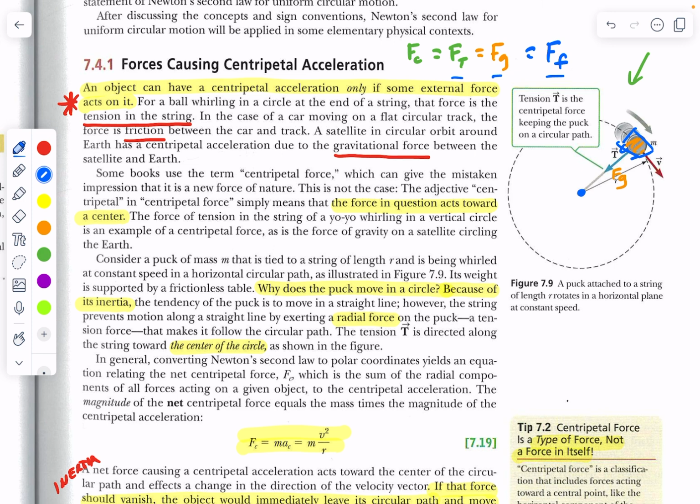The central point could be your hand holding the string and therefore tension. It could be an object like the sun holding a planet gravitationally in its orbit, or it could be the force of friction that's holding the tires against the road. And even though it doesn't seem like that would be a force acting towards the center, that's how it's displayed.